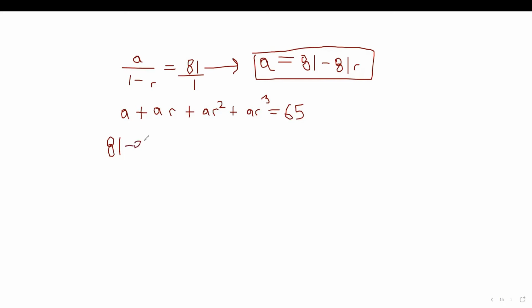This is 81 minus 81R, plus A times R, which is 81 minus 81R multiplied by R. Then plus the same thing again, 81 minus 81R, multiplied by R squared this time.